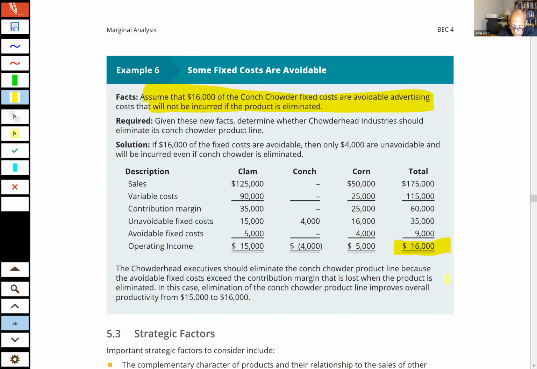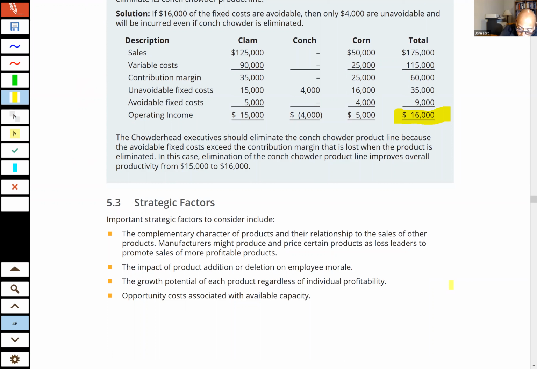Okay, good. Strategic factors. Take a look. The complementary nature of products. Gee, if I've had the corn, now I got to try the conch, right? I've had the conch, now I got to try the corn, right? So maybe you'll have something like that. The impact on employee morale: this guy who was making whatever, then we got rid of his job.